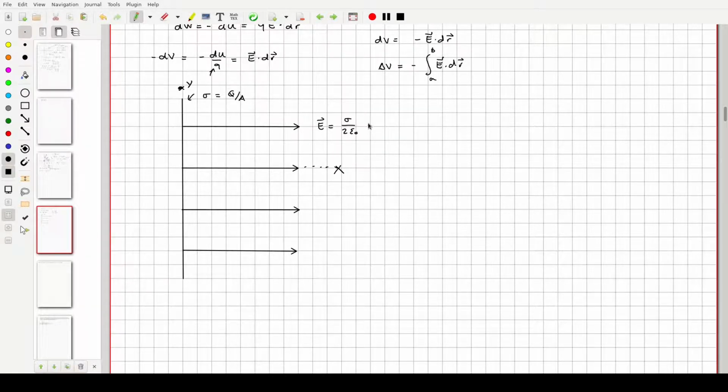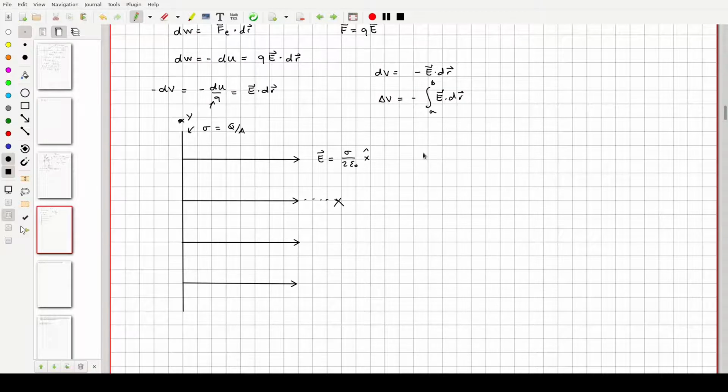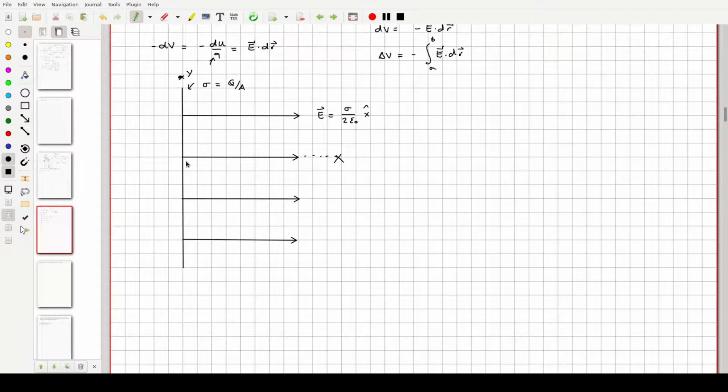There, sorry about that. X hat. Okay? So what I'd like to do is find the difference in voltage between here, the 0, and here, which I'll call x away.